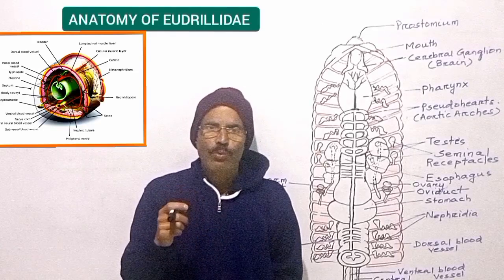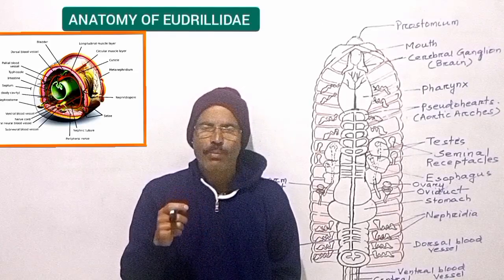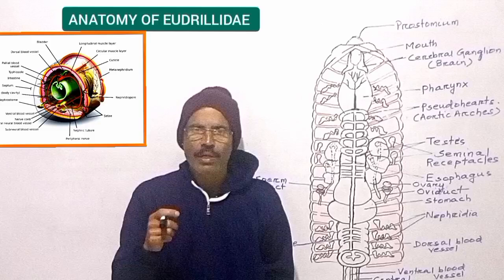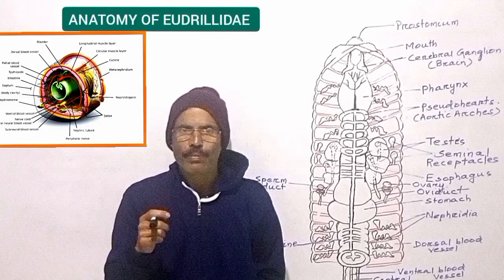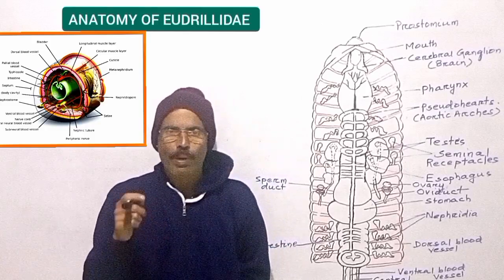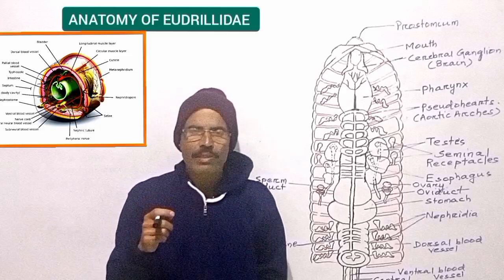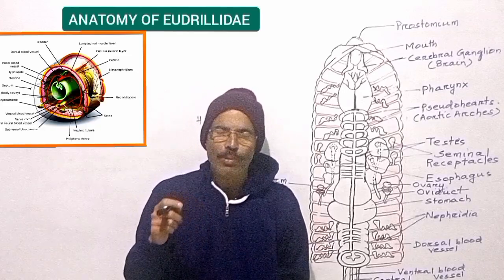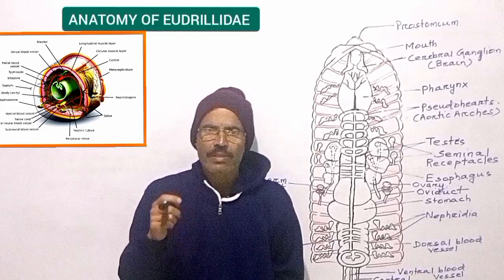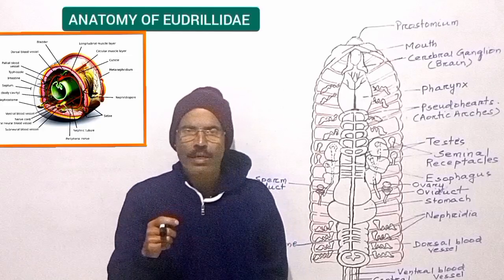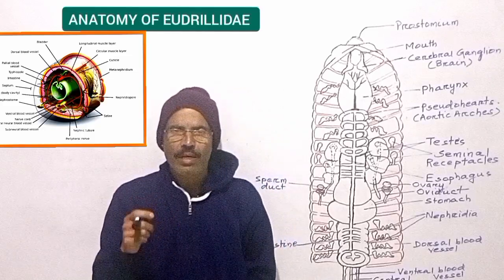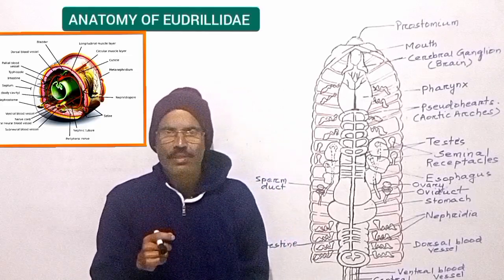Like other earthworms, the circulatory system of the members of this family is also closed. It is composed primarily of longitudinal vessels which run the length of the body. These vessels include the dorsal blood vessel, ventral blood vessel, and subneural blood vessels.